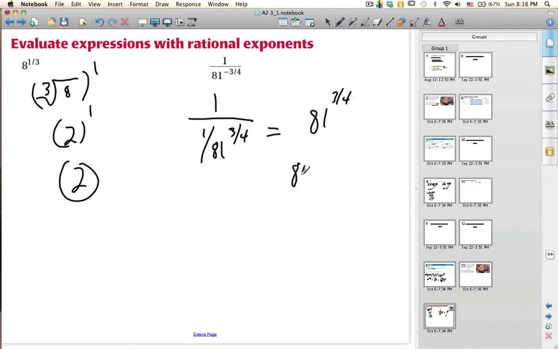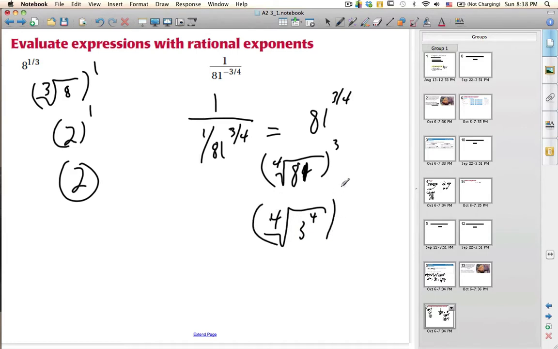So that's the fourth root of 81 cubed, right? So if I look at 81 and think about, well, what to the 4th power makes 81? Well, that's 3 to the 4th power. This is going to cancel that, and I'll just get 3 to the 3rd power, which is equal to 27.